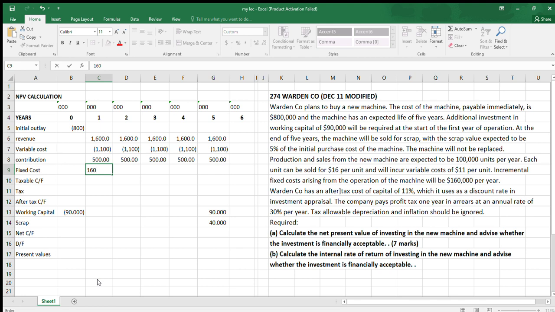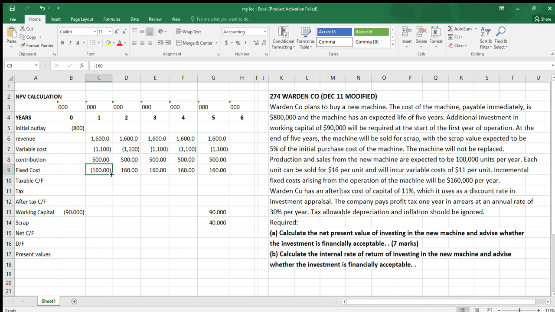So you get the whole idea about the net present value in about 30 minutes or so. The fixed cost is 160, and you just drag it to year 5. It's Excel, so everything has become easy. The fixed cost is also a negative figure because it's a cost incurred.